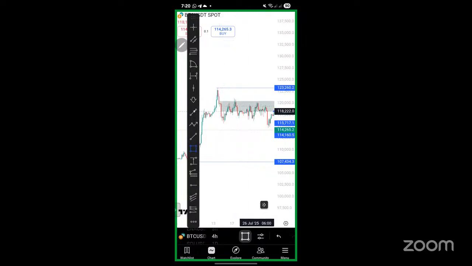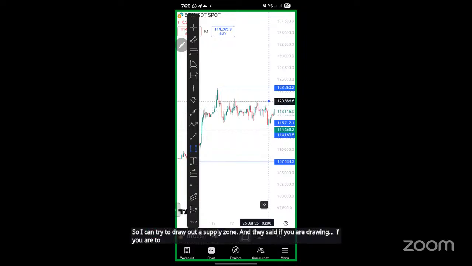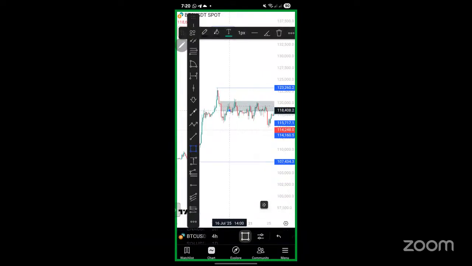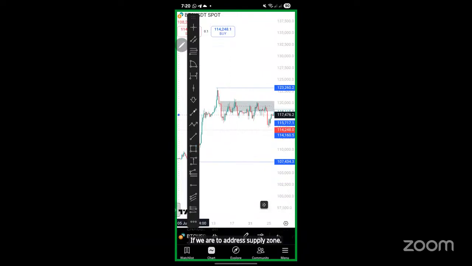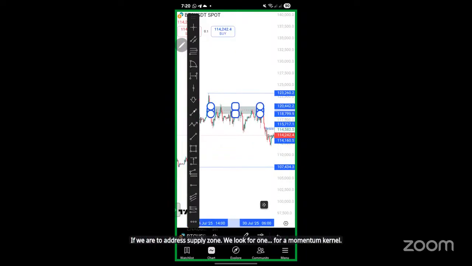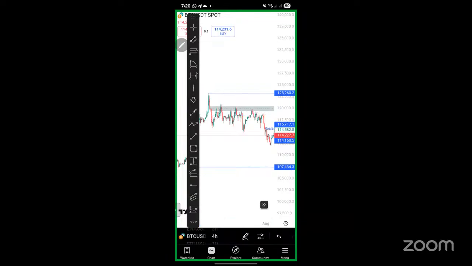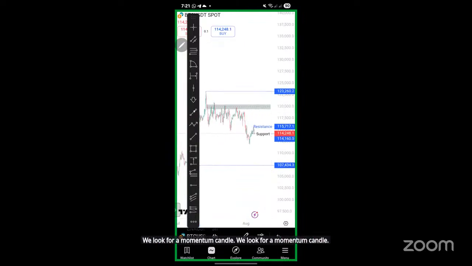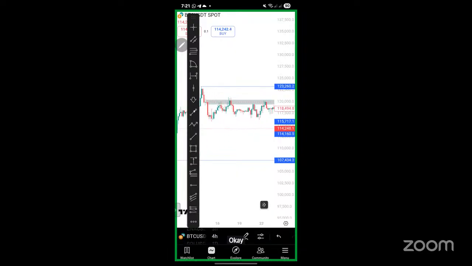So I can try to draw a supply zone. And if you are to draw a supply zone, we look for a momentum candle. We look for selling candles.